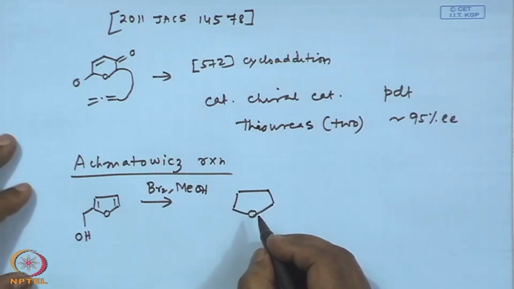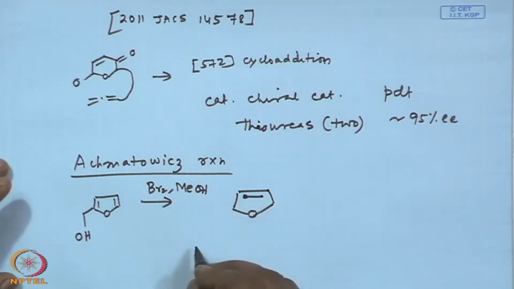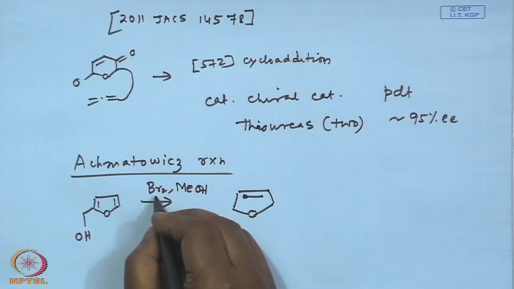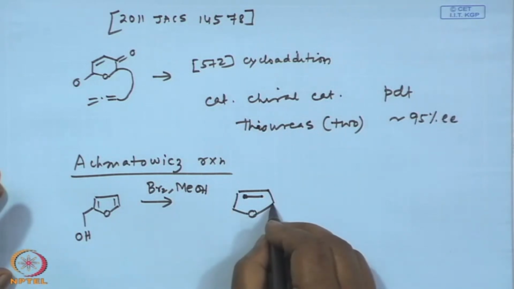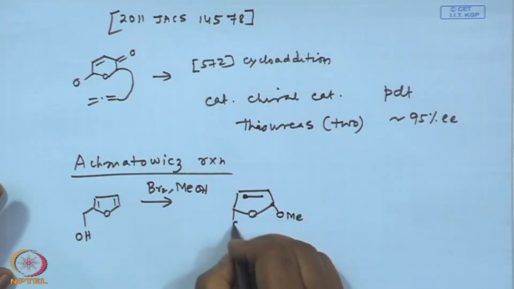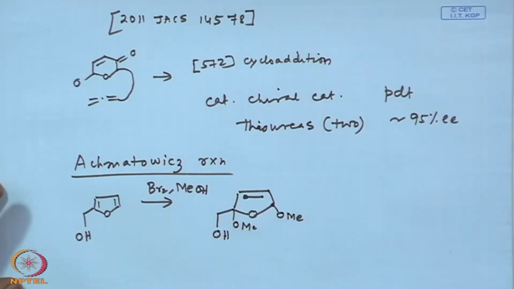So aromaticity is destroyed, you have a double bond up here. When I do not write anything, that means you are using 1 equivalent of bromine, right. So bromine adds across, the oxygen again is substituted by methanol, so methanol here, and the other substituents remain as they are.